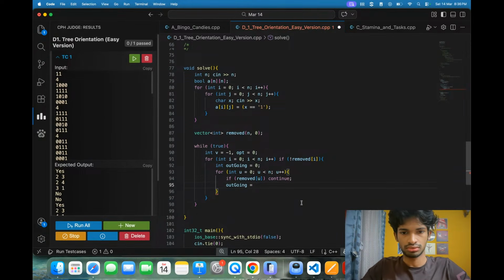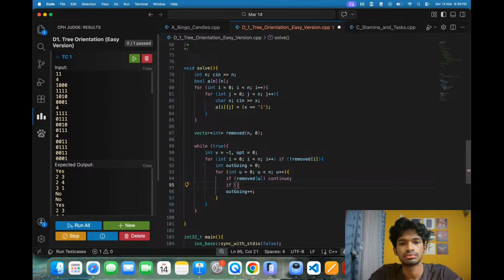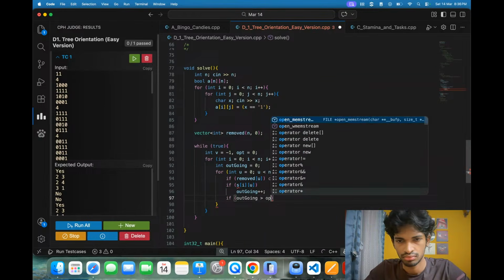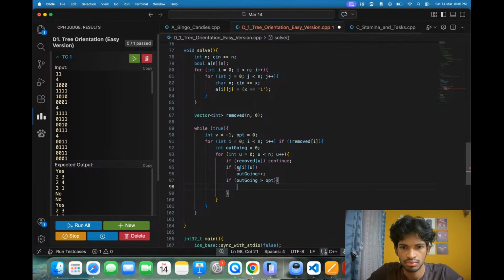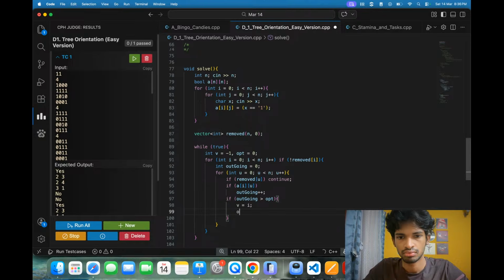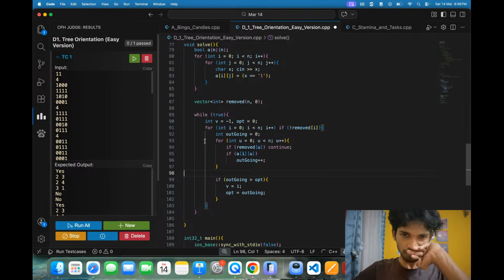Outgoing equals to, what did we do? We just found among only looking at non-removed ones, its frequency.